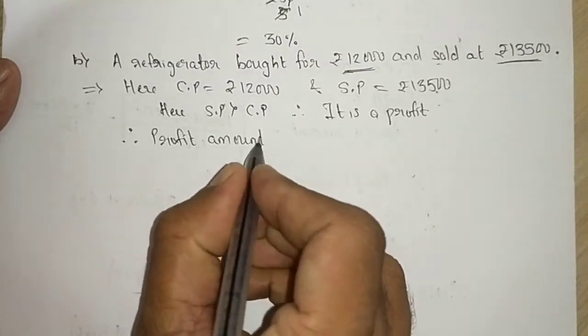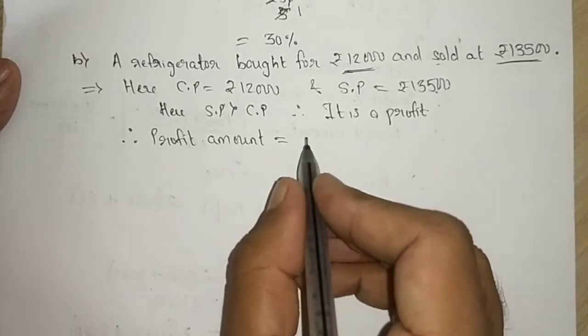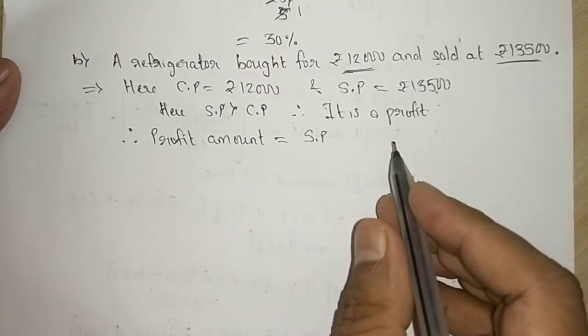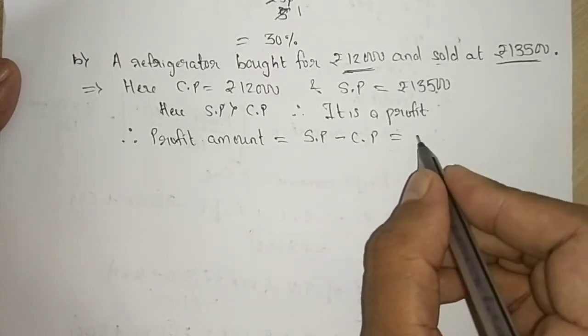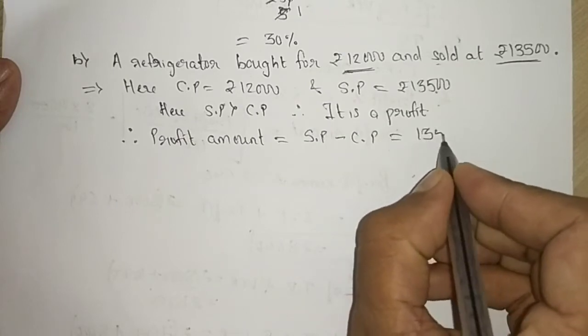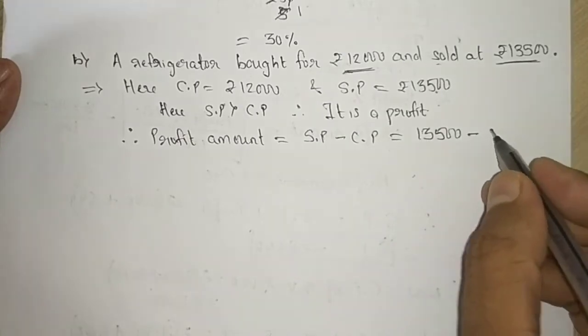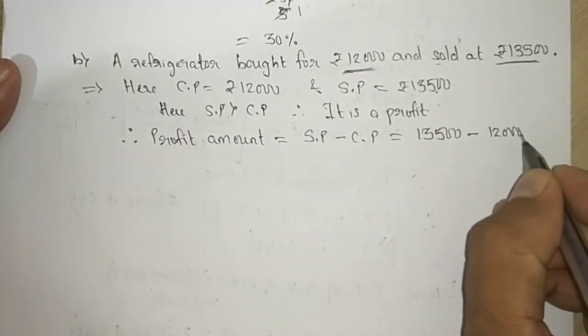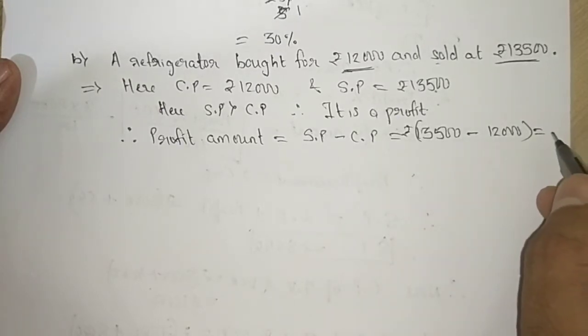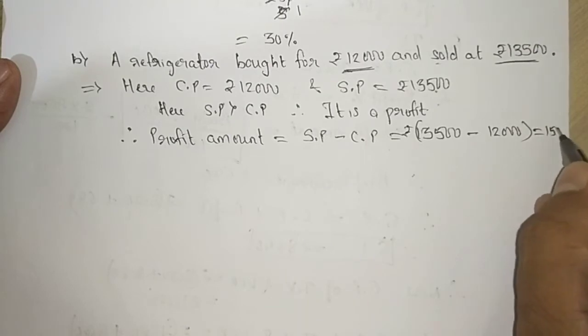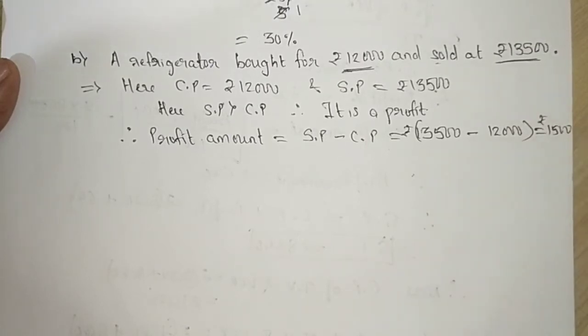So we are supposed to find profit percentage, but before finding profit percentage I must know the profit amount. So profit amount is equal to what? If it is profit, then selling price minus cost price, which is equal to 13,500 minus 12,000, which is equal to rupees 1,500.